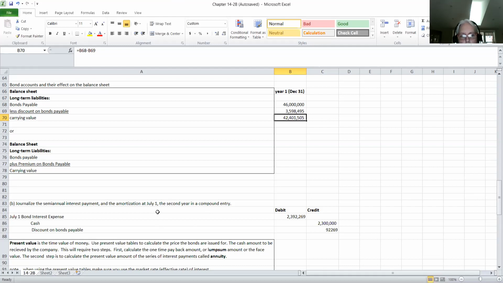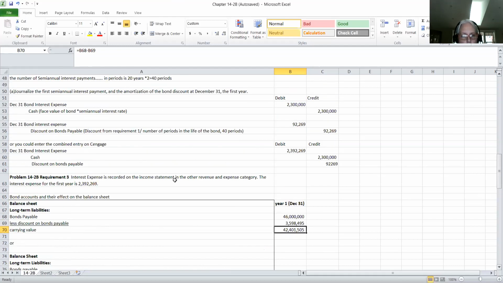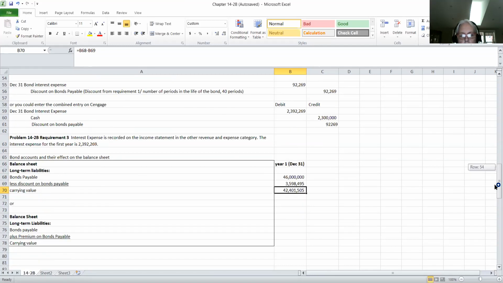So from December 31st to July 1st of the second year of the life of this bond, you're going to have to make another bond interest payment, and you're going to have to amortize the discount. Notice this journal entry is exactly the same entry that we stated up here that we would put in on December 31st. It's the very same entry. None of the amounts would change.